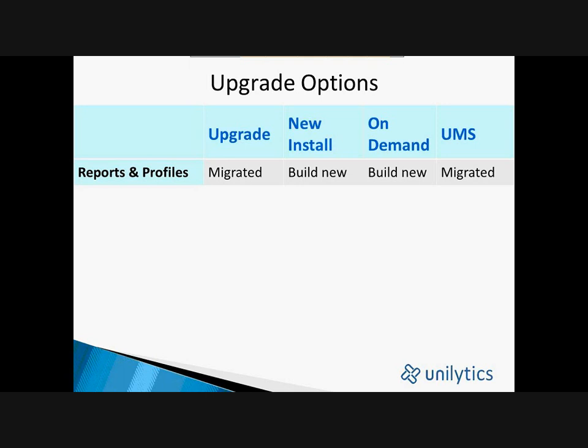So a new installation would, of course, require you to build new profiles, as it would in an on-demand environment. For Unilytics Managed Services, we can migrate those reports and profiles for you. Of course, in all cases except for on-demand, we're still running software. And the version in on-demand is version 10, whereas in the others it's version 9.2.